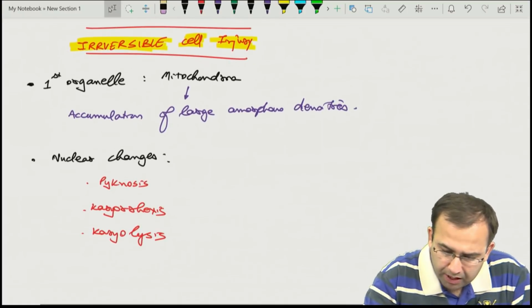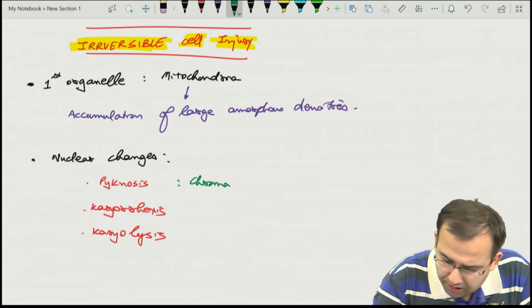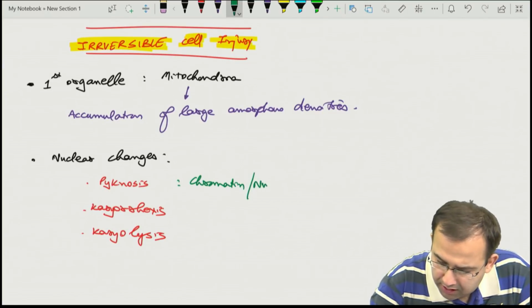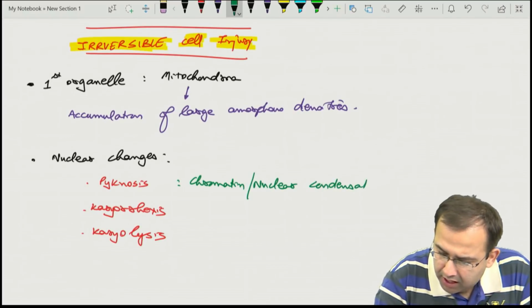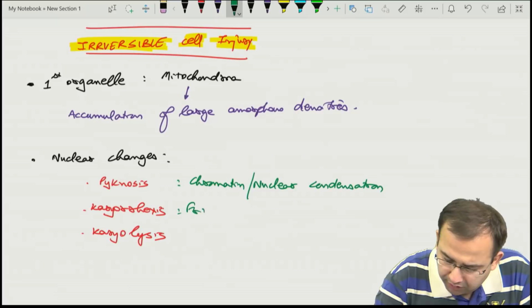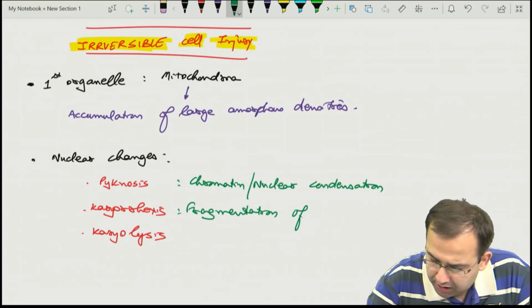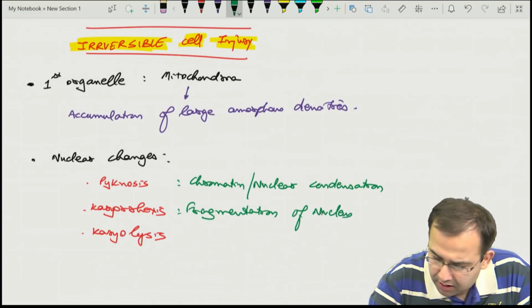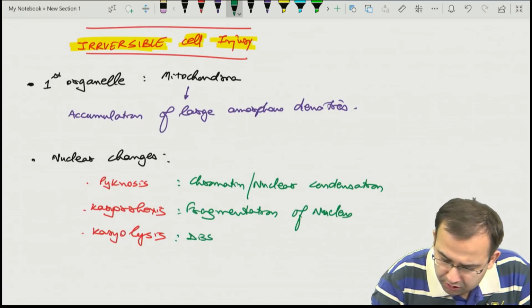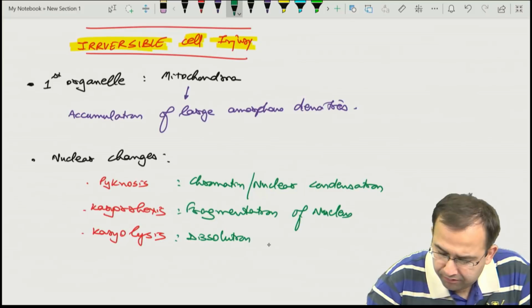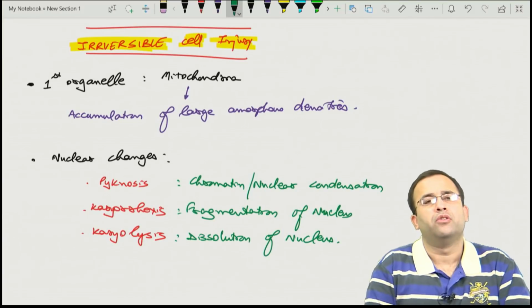Pycnosis is chromatin or nuclear condensation. Karyorrhexis is fragmentation of the nucleus, whereas karyolysis is dissolution of the nucleus.